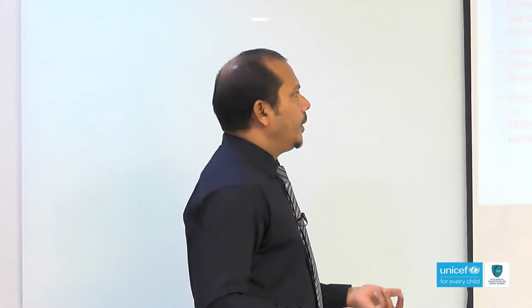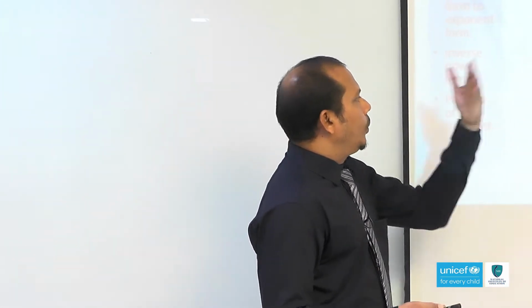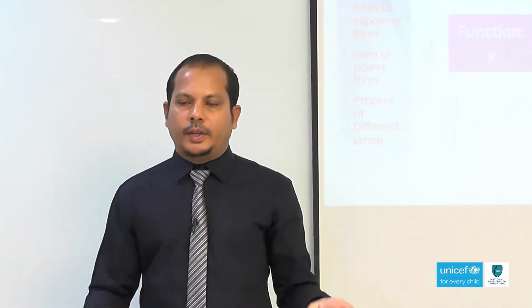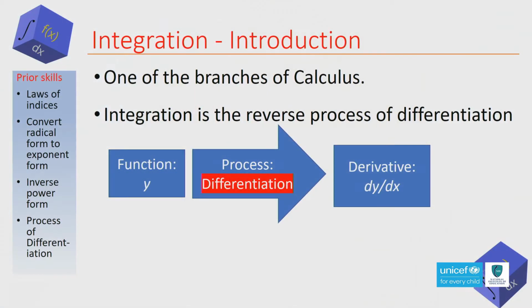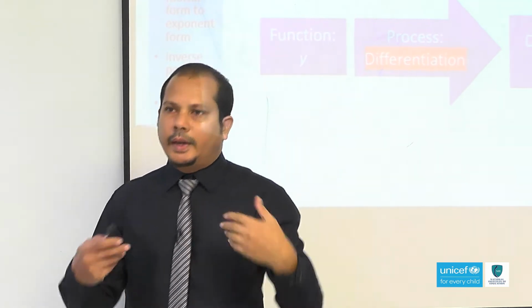Let us recall differentiation again. It takes up a function, does the process of differentiation, and produces dy by dx. If you reverse this process, you start with a derivative function, sometimes also called the gradient function.